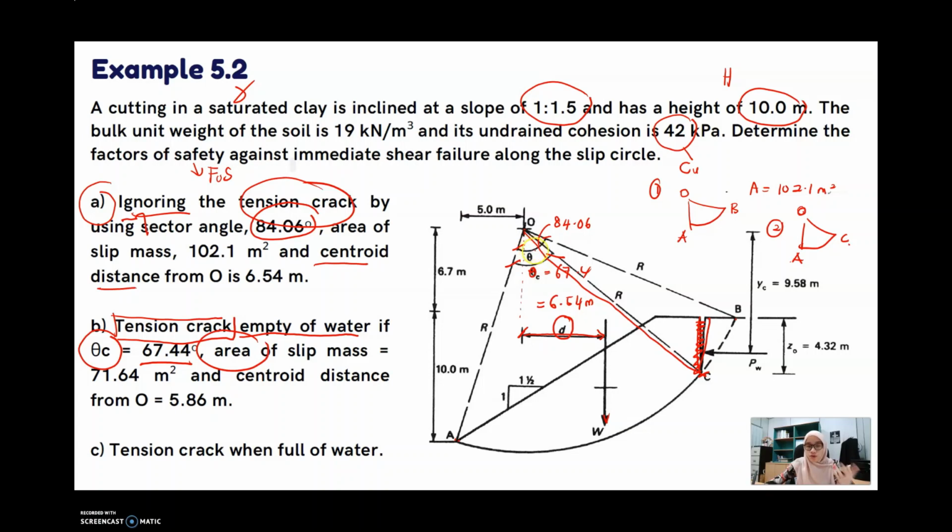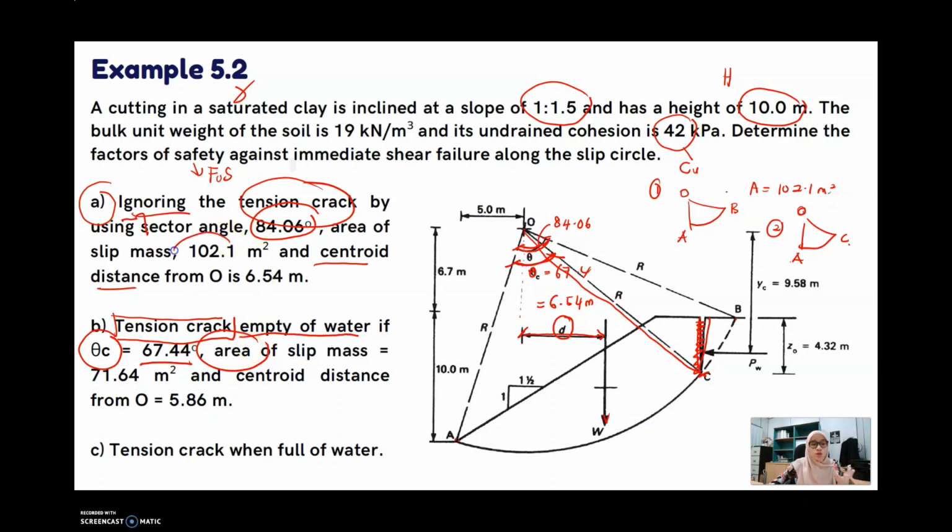Before this, we had the original theta. Now we have a new theta, which is theta C, where the theta C value should be 67.44.